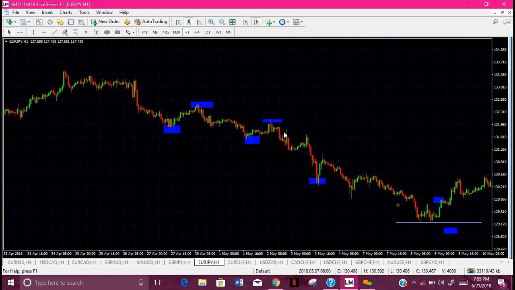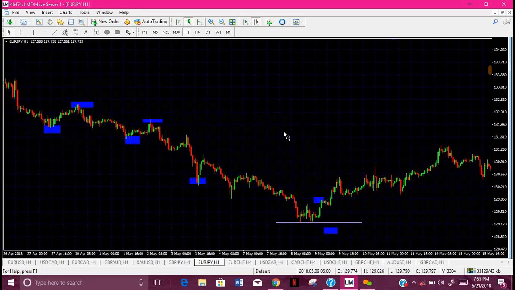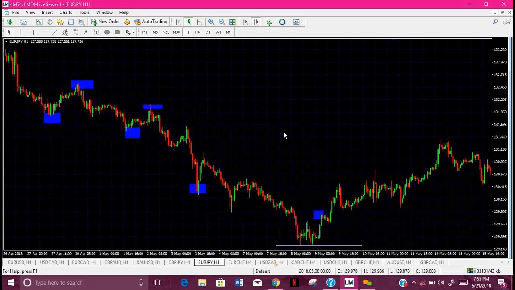We would expect our low, let me move that, we would expect our low, lower high, lower low, lower high would be here. So you would want to expect your low to be somewhere here, right? If the trend continues.